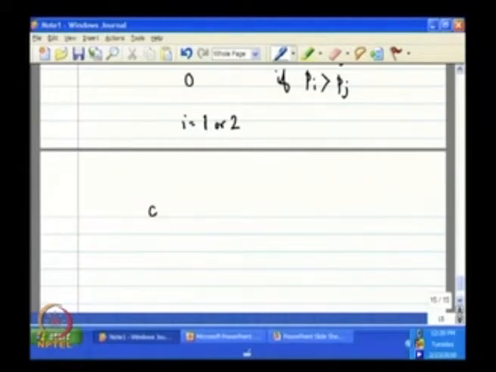Remember, here price, that is Pi or Pj, is a continuous variable. It can take any fractional value, no matter how close it is to a particular value.